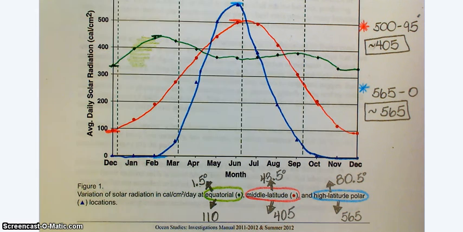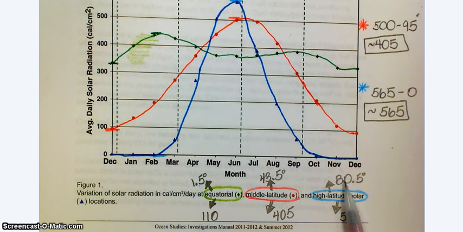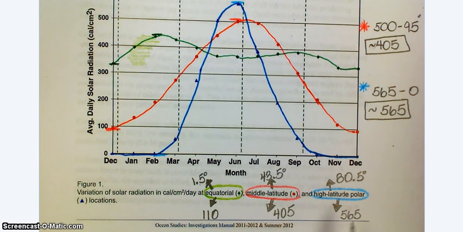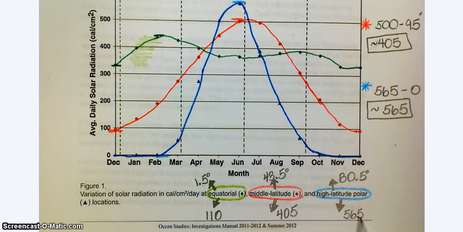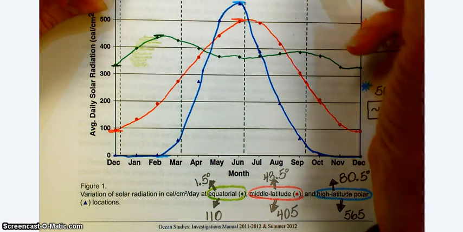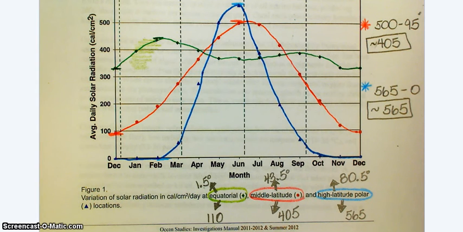It says, yes, as latitude increases, the annual range of daily solar radiation, meaning the amount of sunlight, gets bigger. So small range when you're at the equator, big range when you're away from the equator. So you're going to need to go with the annual range increases with increasing latitude.